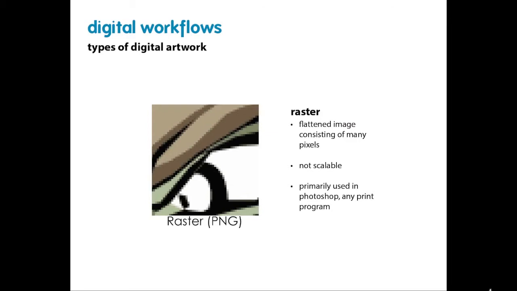So as you scale that pixel grid up and down, the size of the pixels will change, but not their relationship to each other. And if you zoom in too much, you're going to get real pixelization. So it's used primarily for photos.